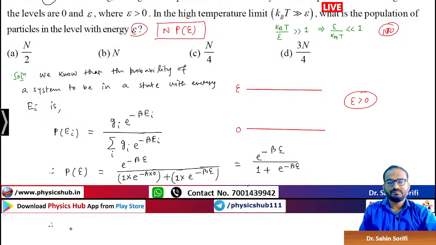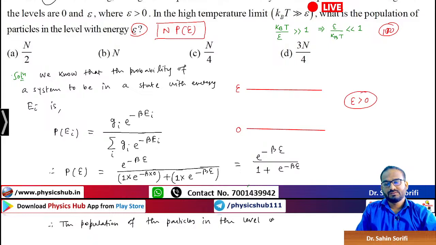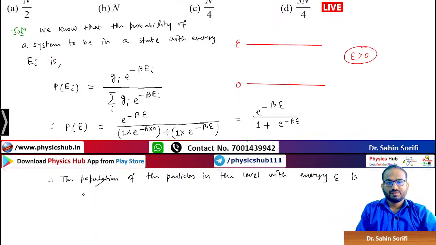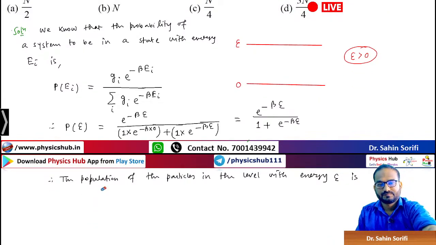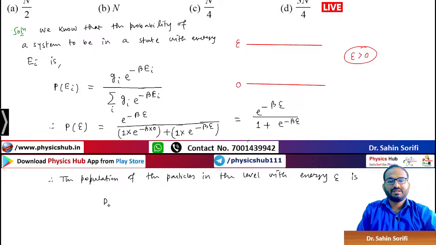Now, if there are n total number of particles, so what is the population? Therefore, the population of the particles in the level with energy epsilon is the probability of being in the state with energy epsilon multiplied by the total number of particles.